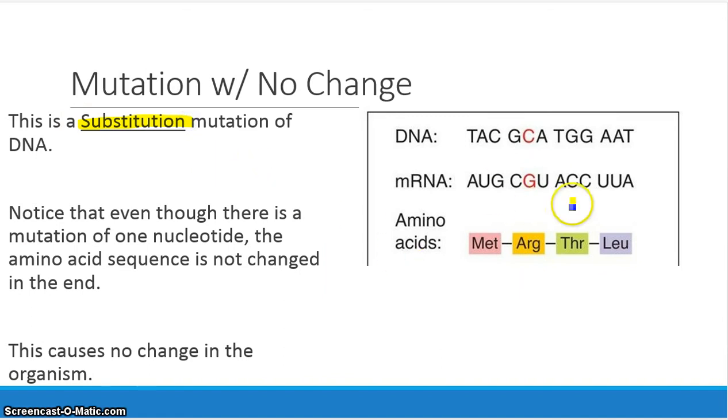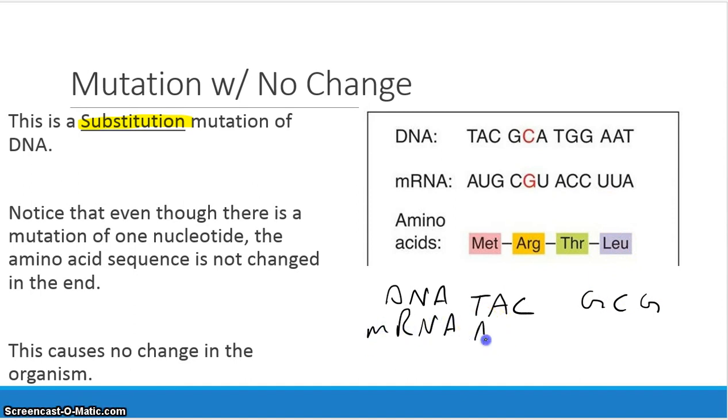Okay, so we can take this sequence here, and then let's say that we change the DNA, and let's say we change that sequence to TAC and then GCG. I'm going to shorten it and only use about half. That'll change our mRNA to AUGCGC.